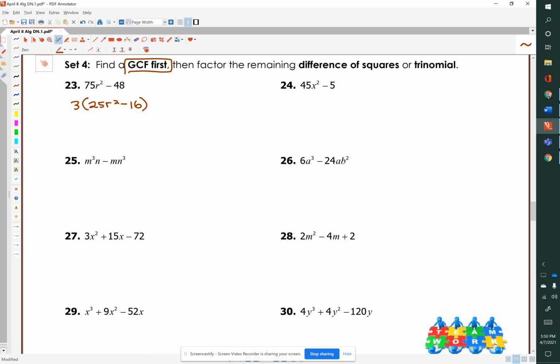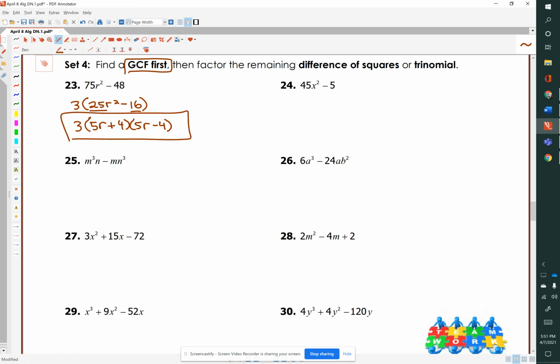And that is a difference of squares. So this is a square, and it's a difference. So 3, 5r, and that would be plus and minus, because we're going to follow the formula, plus 4, 5r minus 4. And that is the final answer.